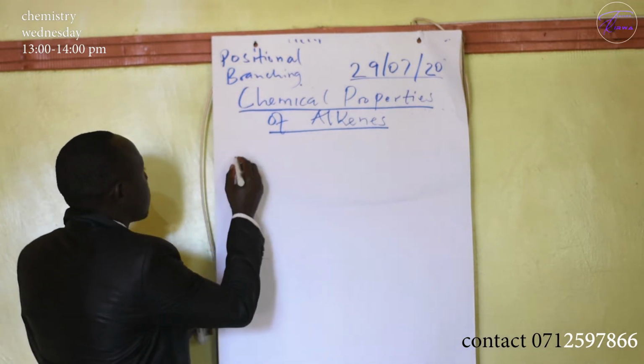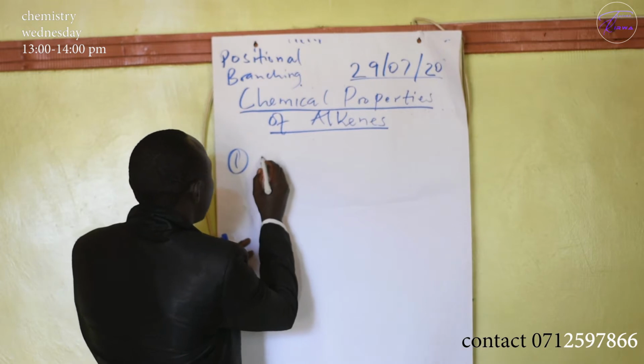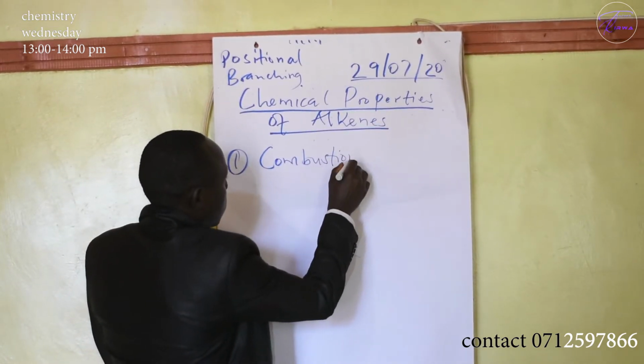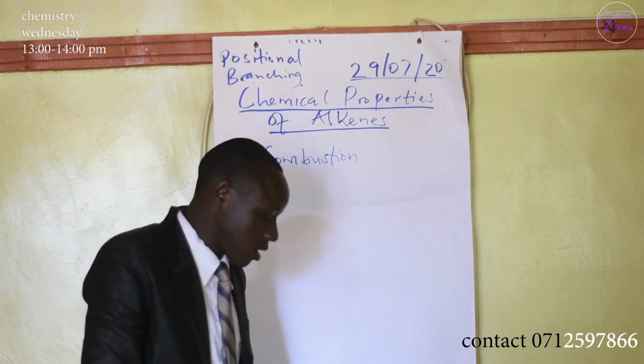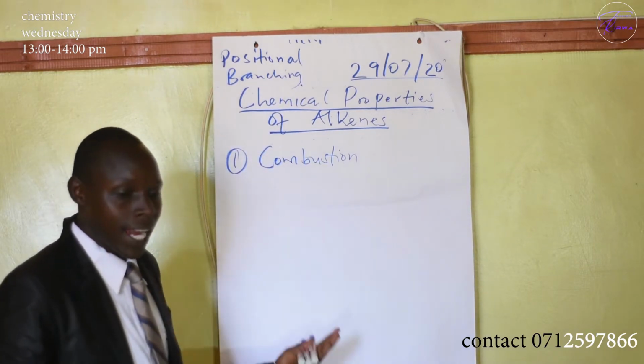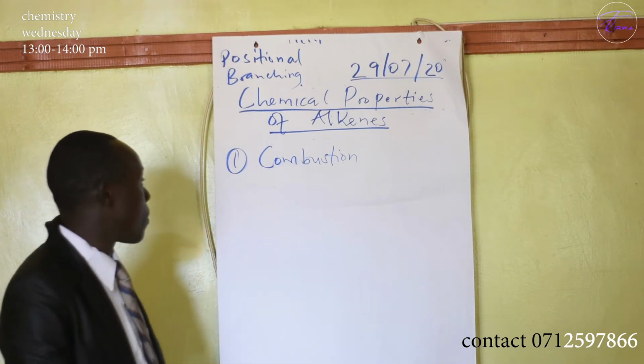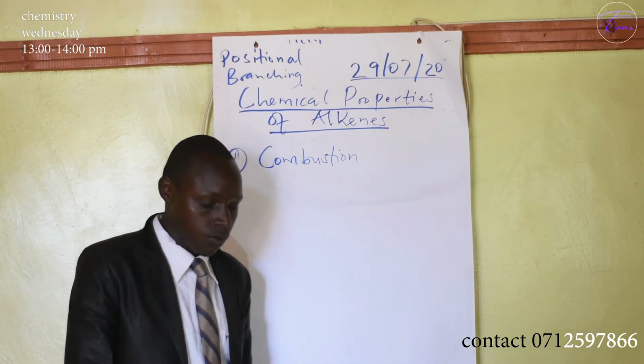The first chemical property is combustion. Combustion is burning of substances in the presence of oxygen.